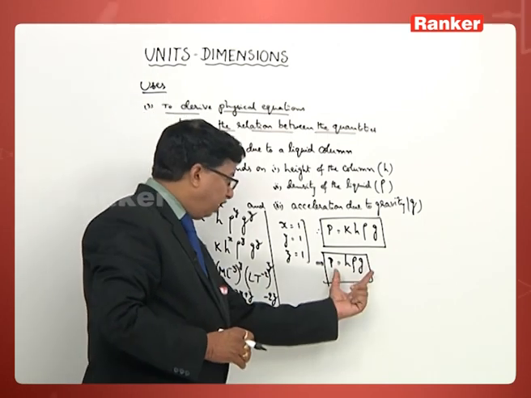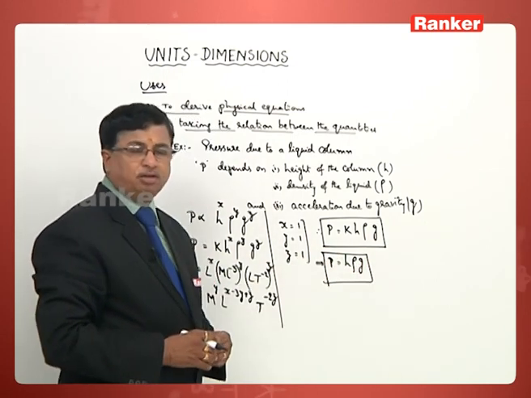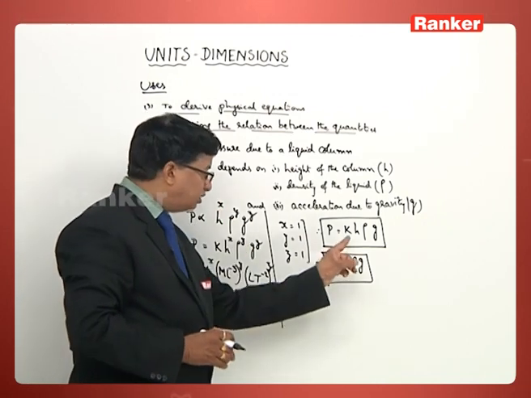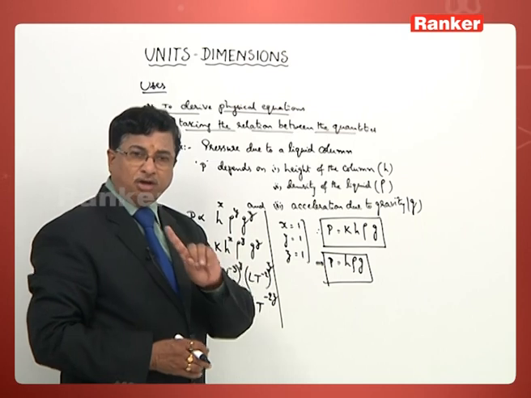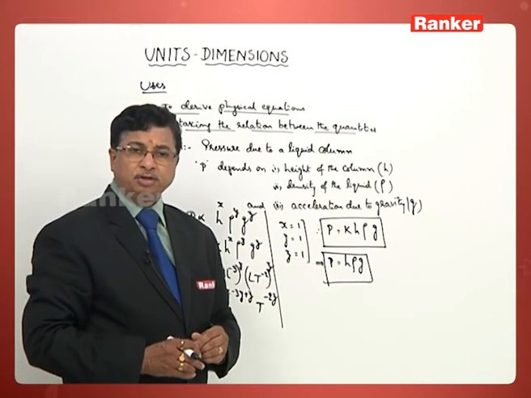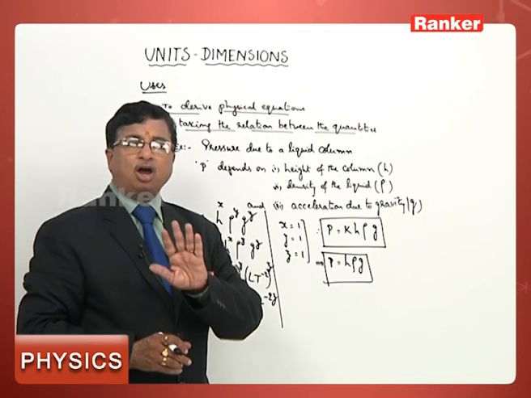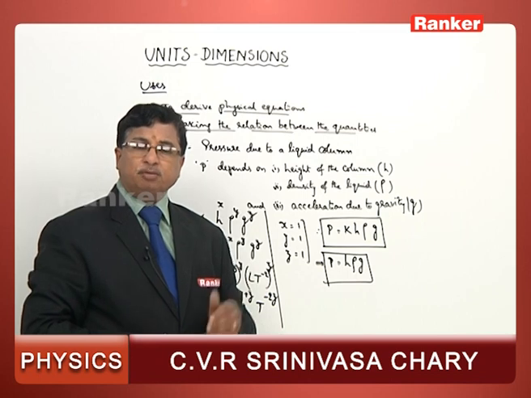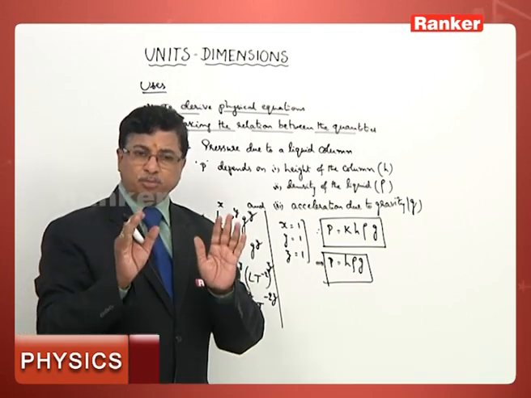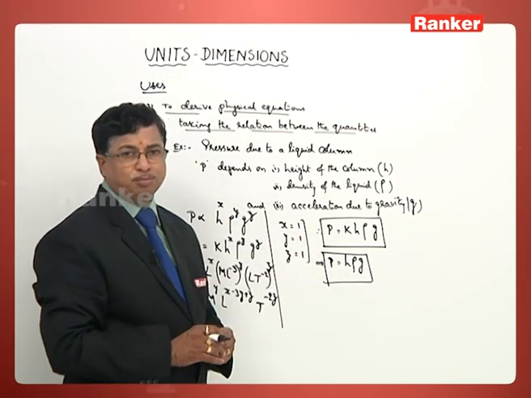So, if you accept this equation, it is clear that the value of k is 1, but the k value which I am considering here as 1 cannot be obtained dimensionally. I am repeating once again: dimensional analysis is not going to give us the values of constants of proportionality. That is a point you have to remember from this entire description.